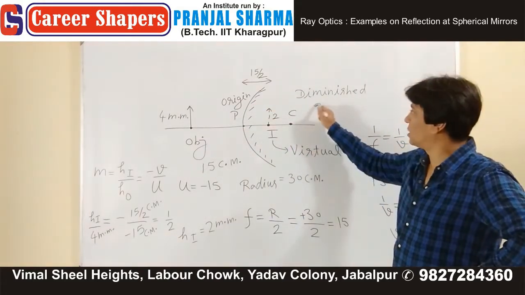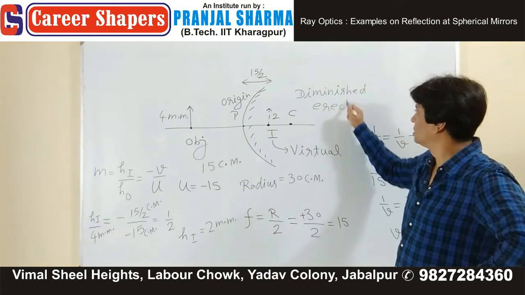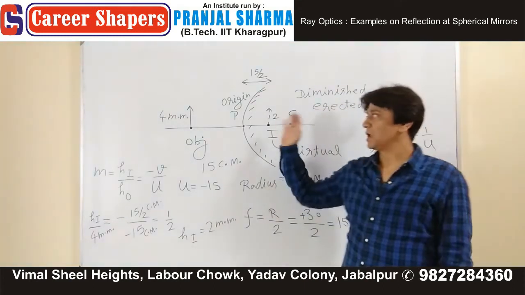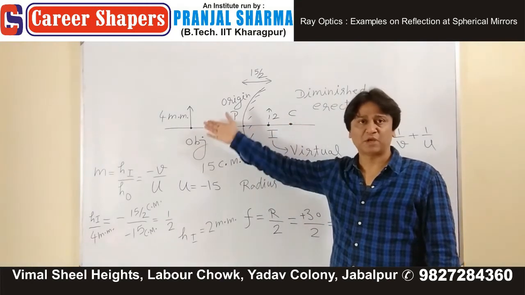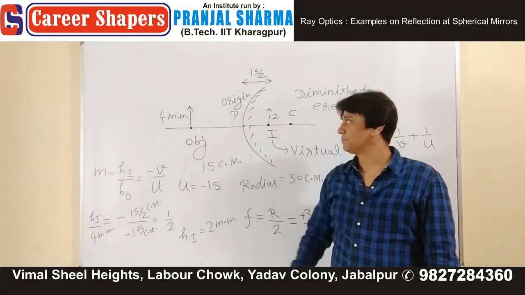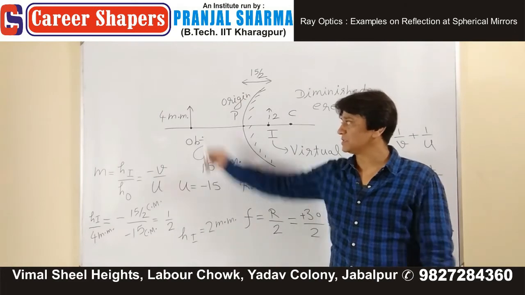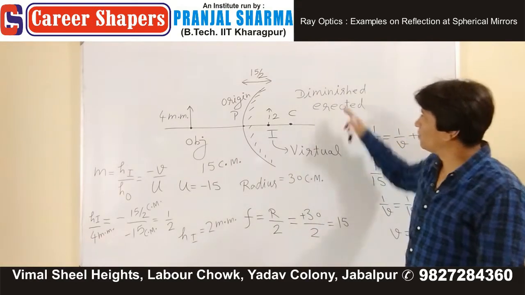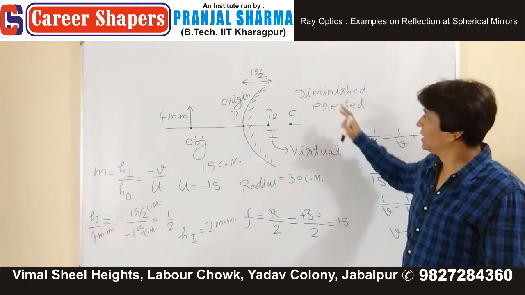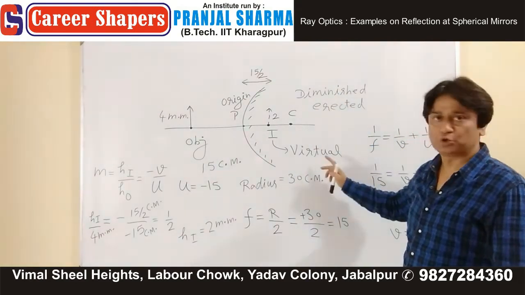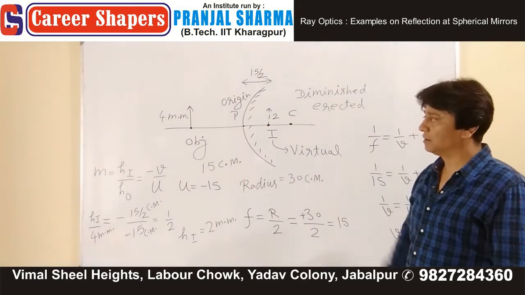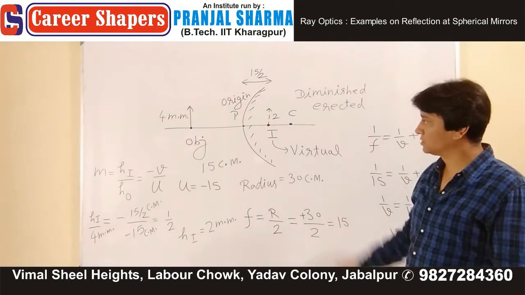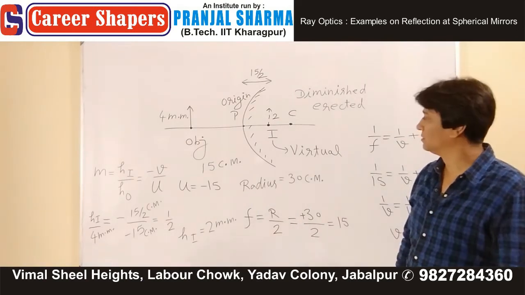That means it's called an erected, upright image. So, the image is on the same side of the object. If the object is like this, you will find the image is also on the same side. So, reduced in size, erected, virtual. That's what the answer is. Note down this and then we'll write a statement.